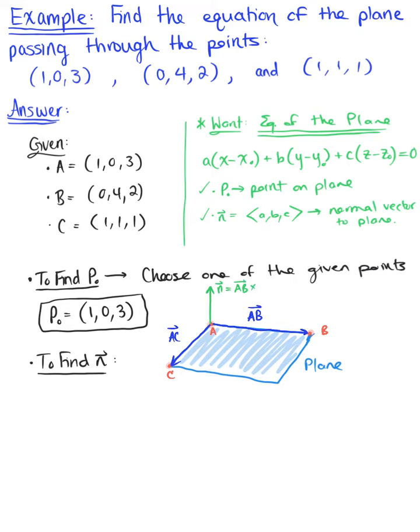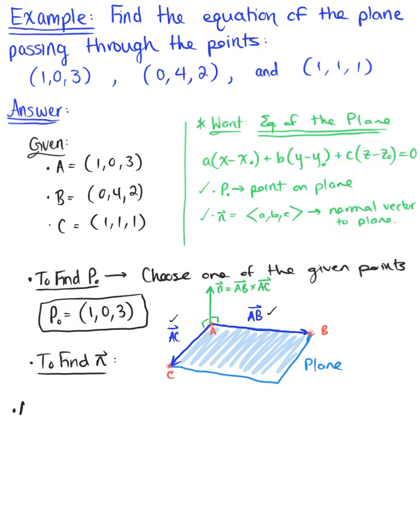So that's what we're going to do here. We need the vector AC and the vector AB, and then we'll take the cross product of them.